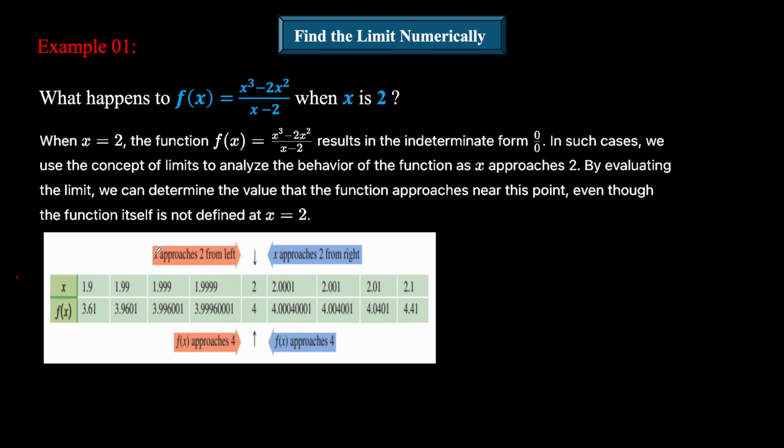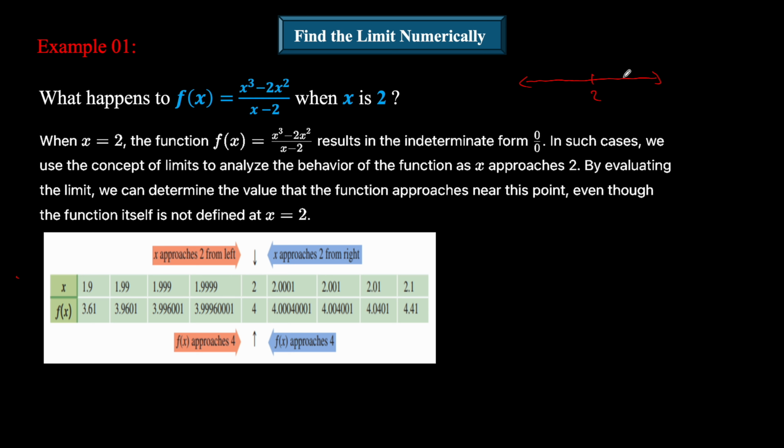So let's see this table. Before we start with numbers, x is approaching the number 2 from the left side, and here x is approaching the number 2 from the right side. You can think of it this way, this is a line, okay? Here we have the number 2, okay?